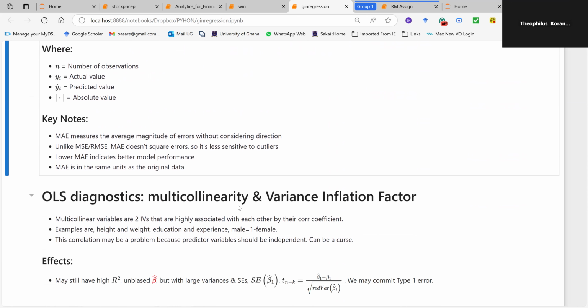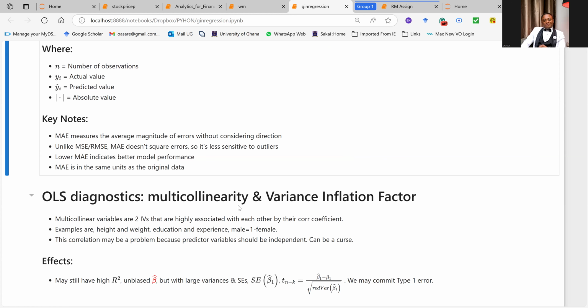It's multicollinearity. One of the assumptions of regression is that the independent variables should not be multicollinear, meaning they should not be highly correlated with each other. If 2 independent variables have a correlation coefficient of 0.9, which means that they are almost perfect, 100%, then it means that the 2 are doing the same thing.